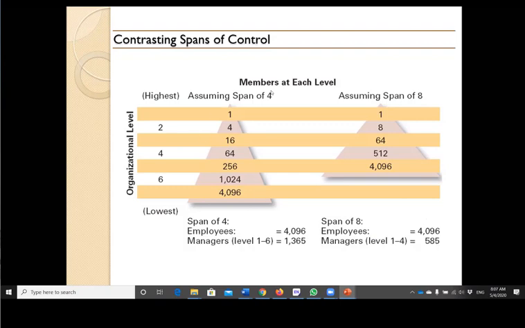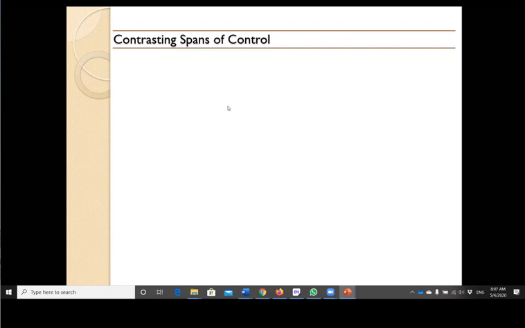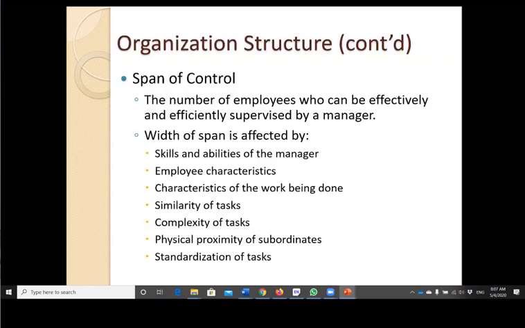Okay, so in order to increase span of control, you need to check those influential factors, right? The nature of the job you cannot change, because you design the organization for doing that. The task and the characteristic of the work being done you cannot change.